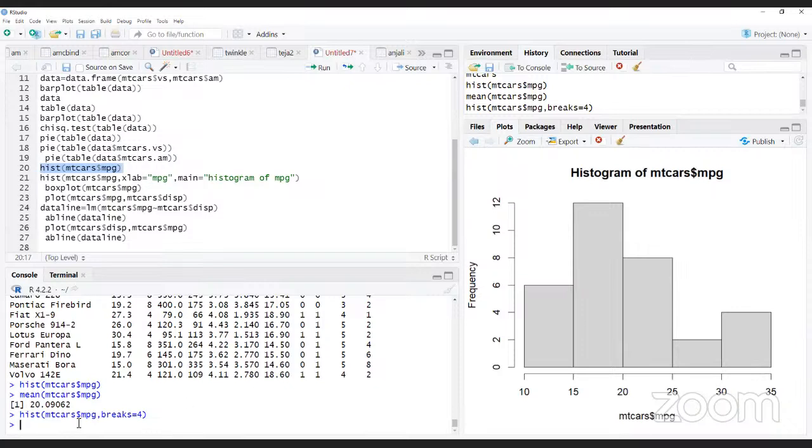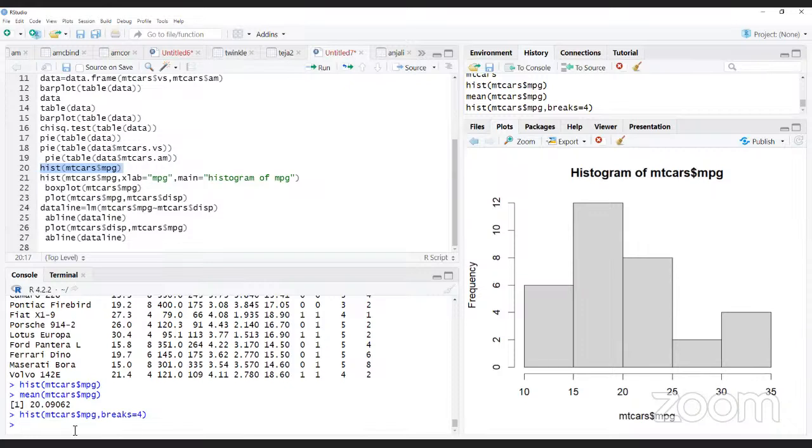I can't see. No change. No, 1, 2, 3. Yes, no changes. Okay, so it's not possible. Only the breaks of 4 categories cannot be possible. But here we can find the data distribution. It ranges from 10 to 35. Okay, so we can get that from this data. So the data dispersion is possible through the histogram.